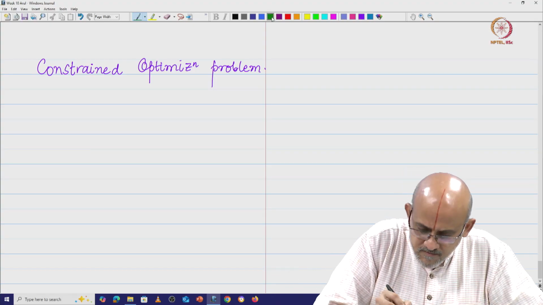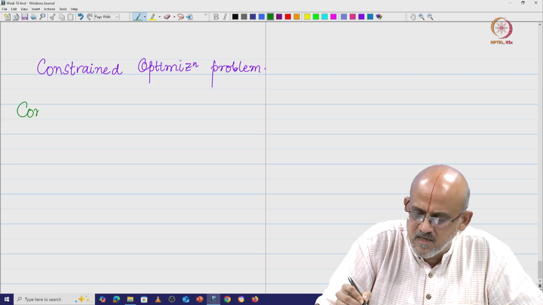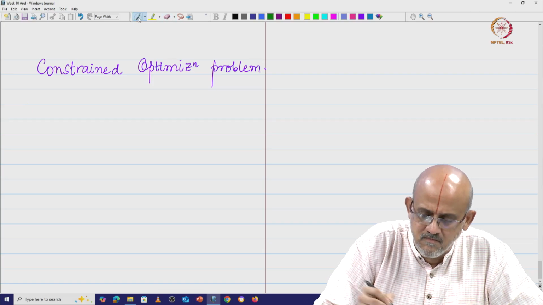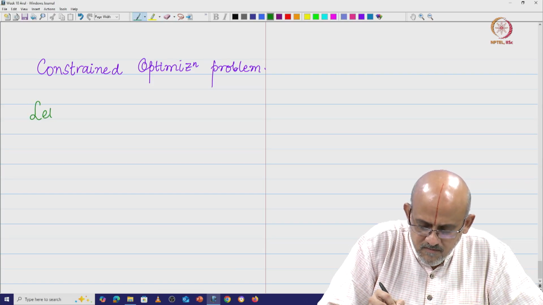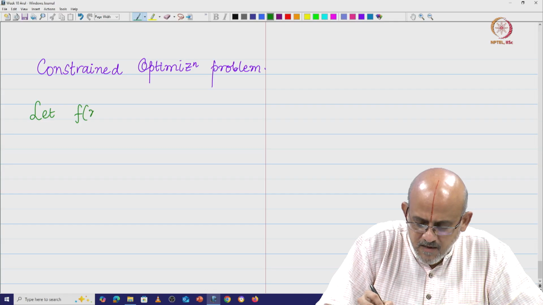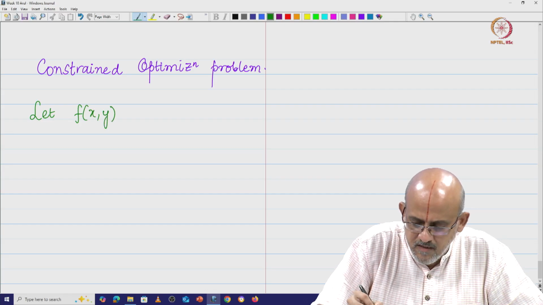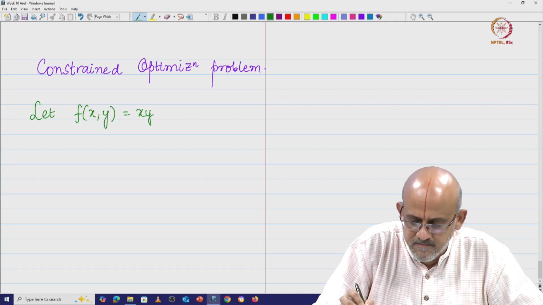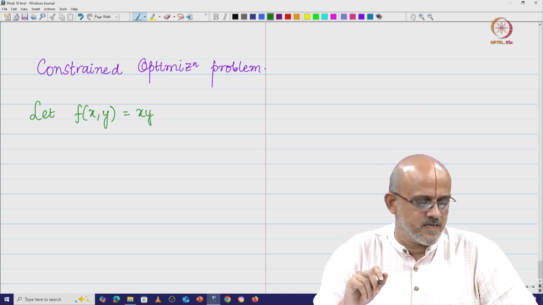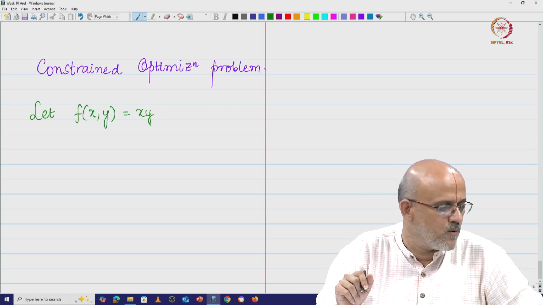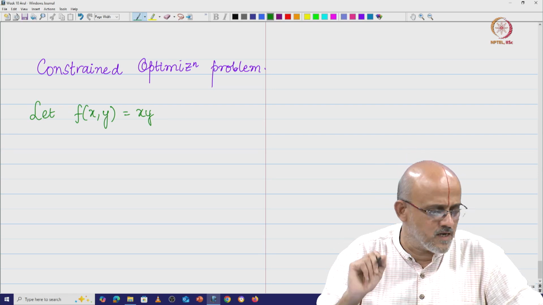Consider, or let us say this, let f of x comma y be equal to x y, right, f of x comma y be equal to x y. Now, I am going to give a constraint.